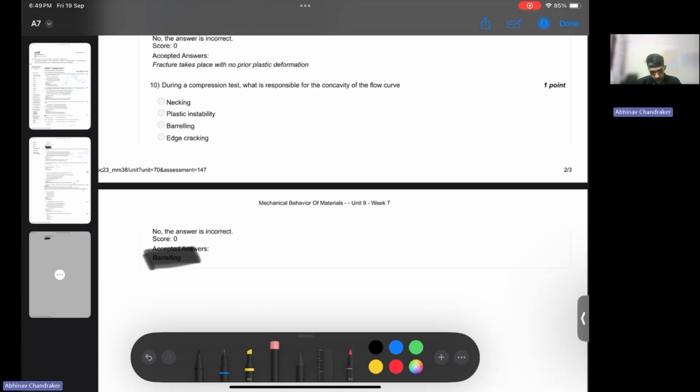Concavity of the flow curve. So let's see how the flow curve will be.